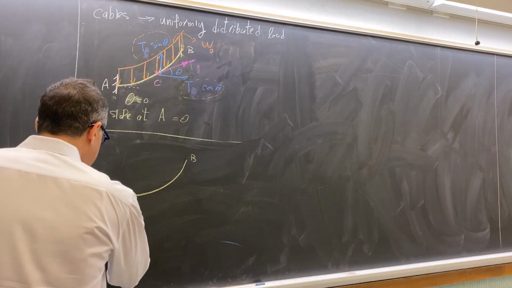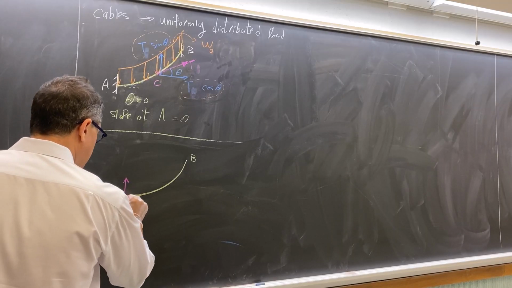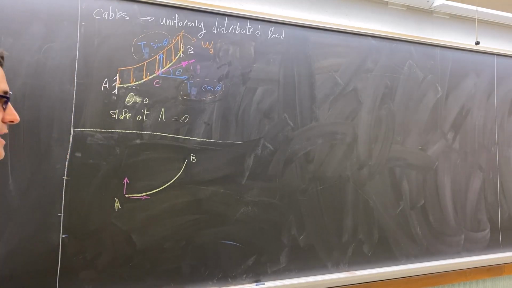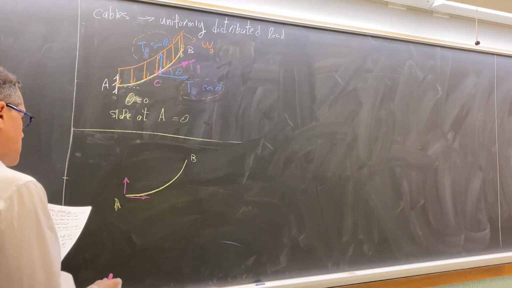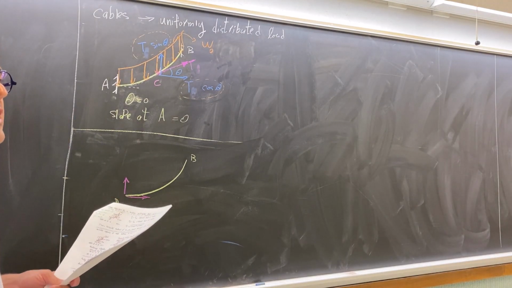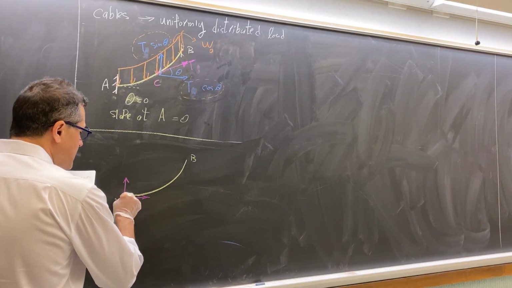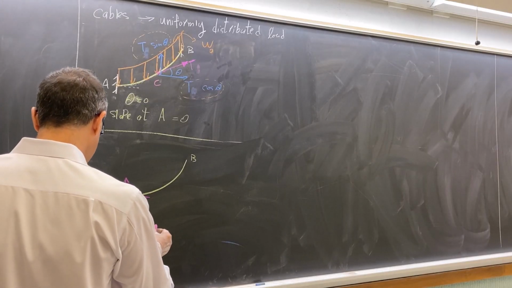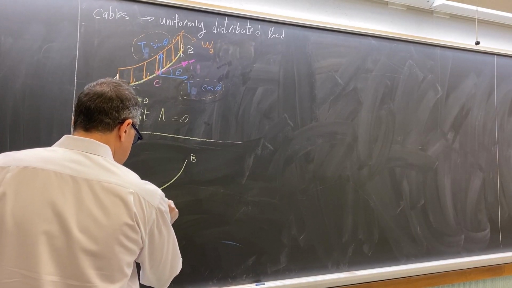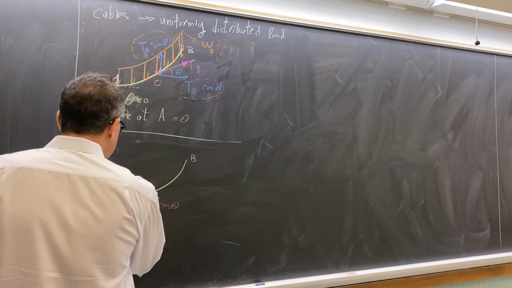At point A, we have vertical and horizontal reactions. Remember, the cable doesn't have a weight. We ignore the weight. And remember, point A is the lowest point. So what we have here is just T times cosine theta, the horizontal one, and the vertical one is 0.